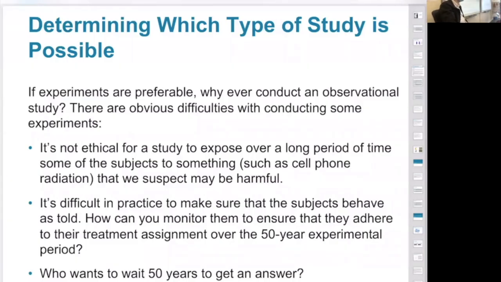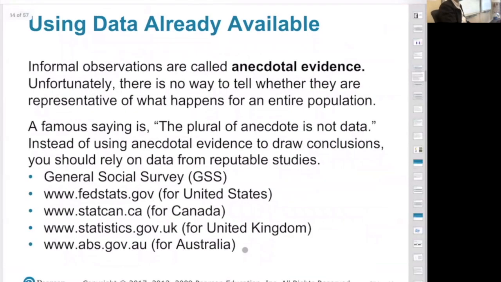But the observational study in this case will be better or preferable, as you can see here, because the effect of time will be lower than in the experimental design. Sometimes you can get data that is already collected, in most cases from the internet or from agencies. You can collect the data because they already did that for you.